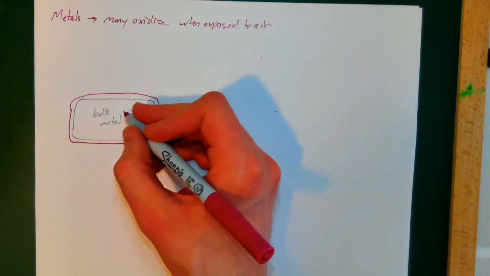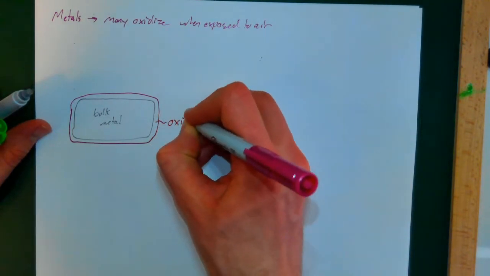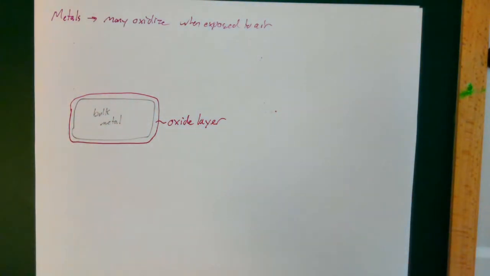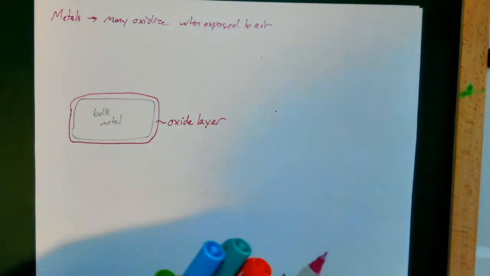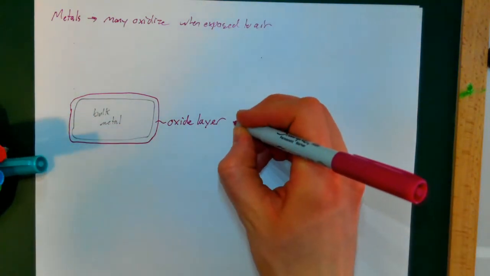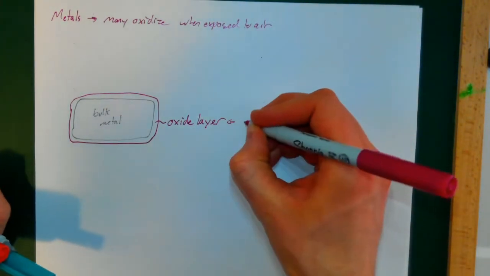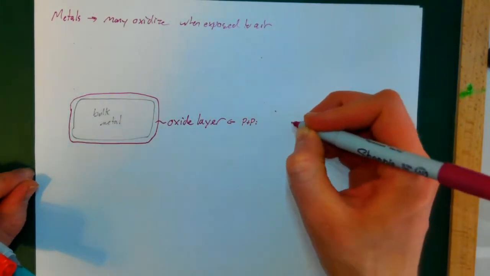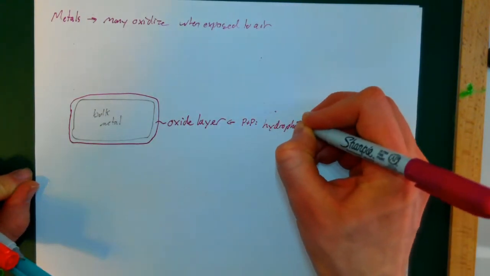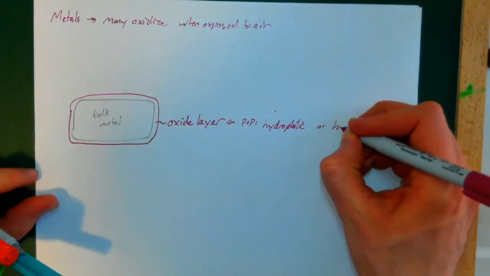One of the things immediately close to the metal is the oxide layer. So for many metals, we end up with an oxide layer on top of them. Take a moment now, pause and ponder: do you think this oxide layer is hydrophilic, i.e. attracts water, or hydrophobic?